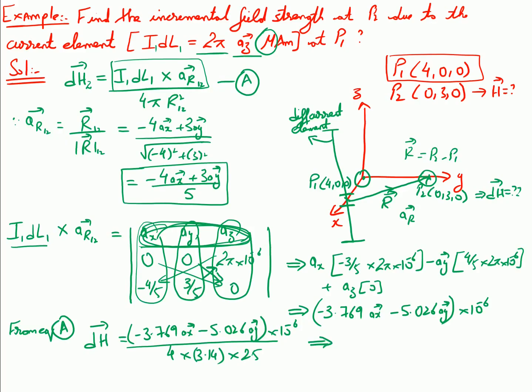The final answer comes out to be minus 11.9 along a of x minus 15.9 along a of y, and this is in nano ampere per meter.